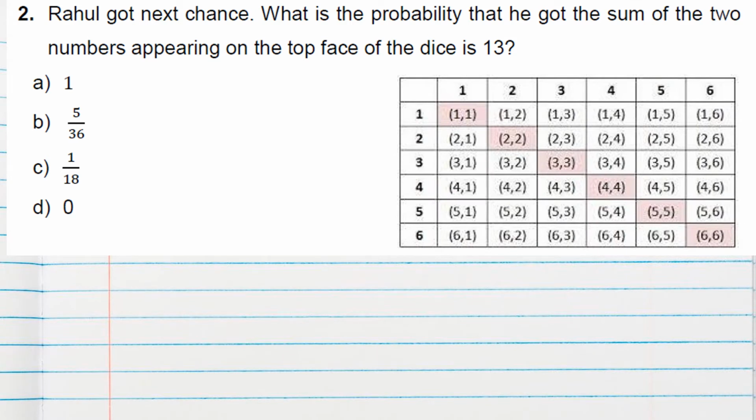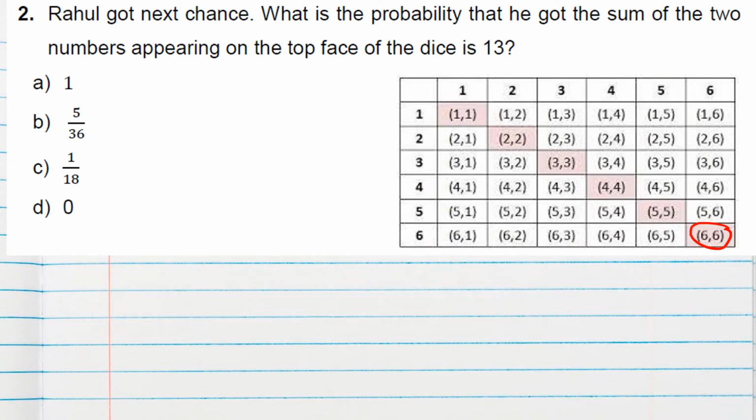Next question is, Rahul got the next chance. What is the probability that he got the sum of the two numbers appearing on the top face of the dice as 13? Now see, the last outcome is 6,6. Other than this no outcomes are possible, right? So 6,6, if we consider, the addition will give 12.